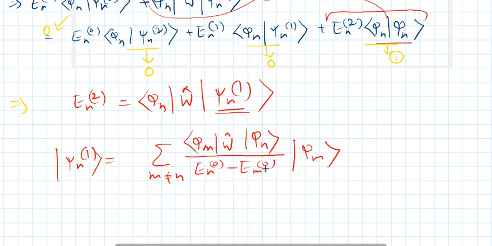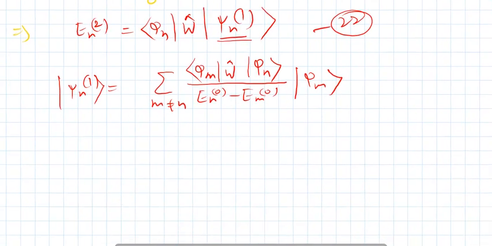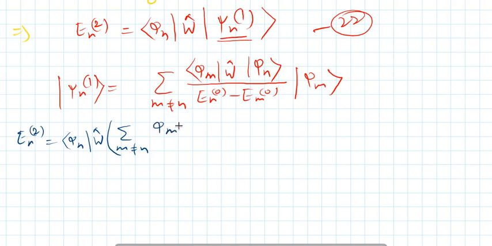So if I put this value here in equation number 22, then En2 will become phi n W summation m is not equal to n, phi m W phi n divided by En0 minus Em0, phi m.